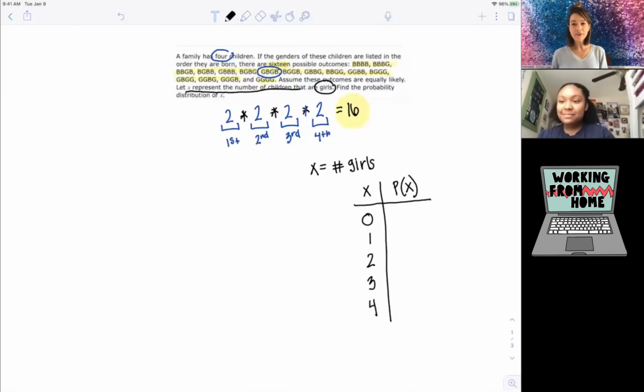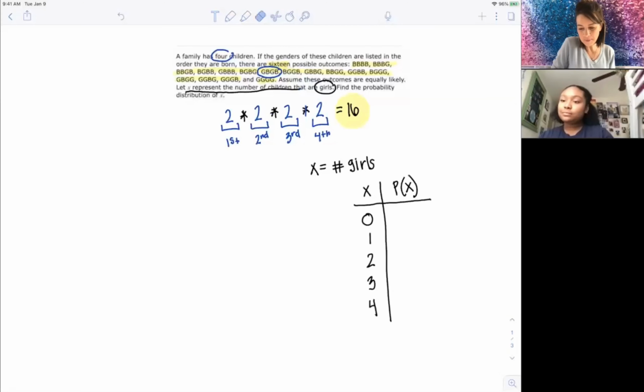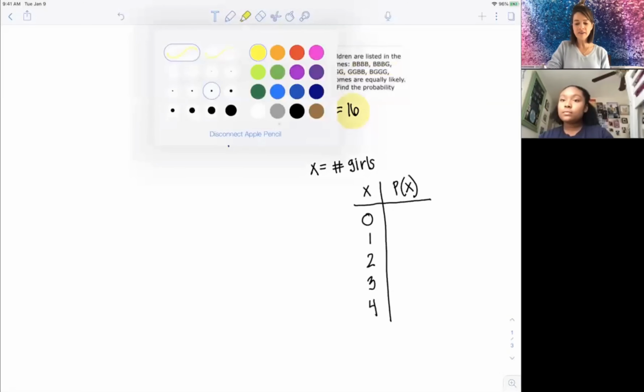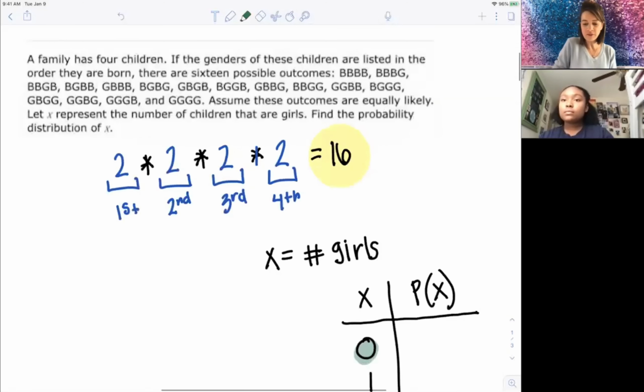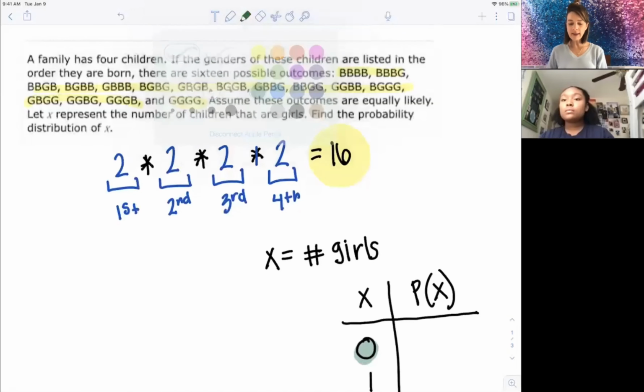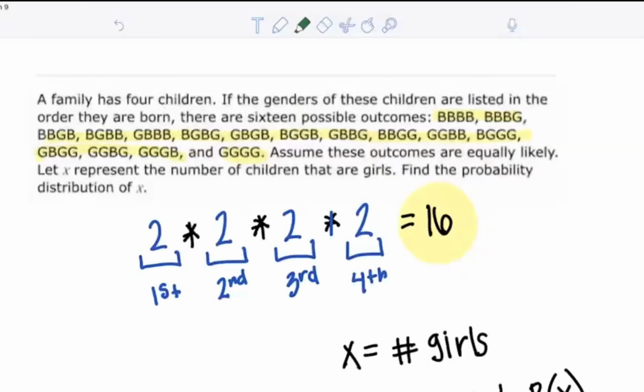Okay. So now the associated probabilities are, let's go ahead and use some color to help us. If X is 0 girls, then we can look up at, remember this, what's called our sample space, which is all of the possible outcomes. So all 16 outcomes are here in yellow. What's the one case where there's 0 girls?